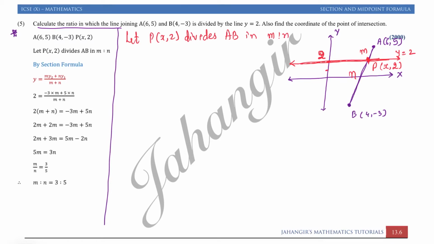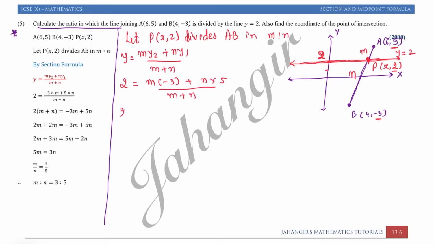Okay. So now what we will say, we know A and B. Since we know y coordinate of all 3 points, we will take section formula in y coordinate. We want to find the ratio. So first we will take y. Y is equal to m y2 plus n y1 upon m plus n. So y's value is 2. As you see in the figure, P's y coordinate is 2. M value I don't know. M I will multiply with minus 3 plus n into 5 upon m plus n.